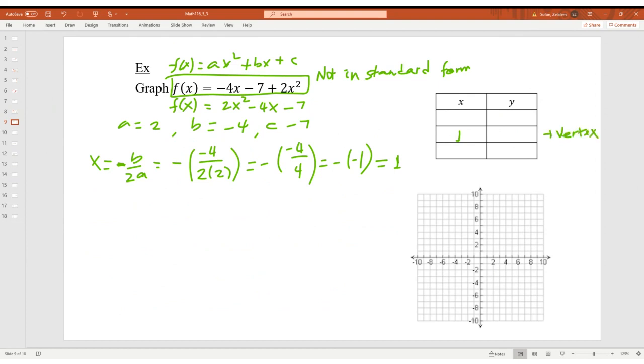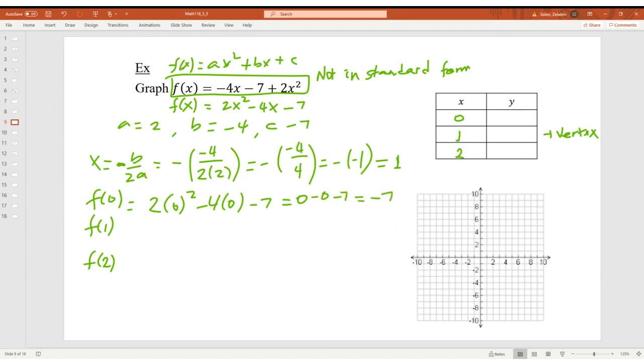Then we will do 1 less, we go to 0, and 1 up, we go to 2. Then we find f of 0, f of 1, and f of 2. So f of 0 is 2 times 0 squared minus 4 times 0, just plug in 0 into the function, minus 7. So which is 0 minus 0 minus 7, which equals -7.